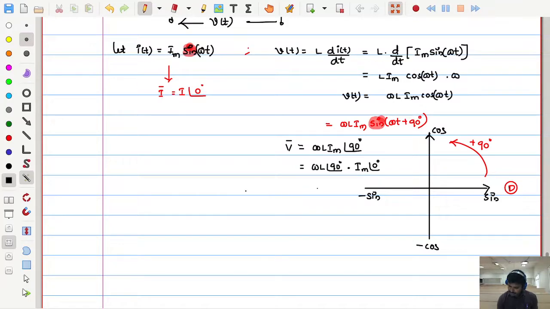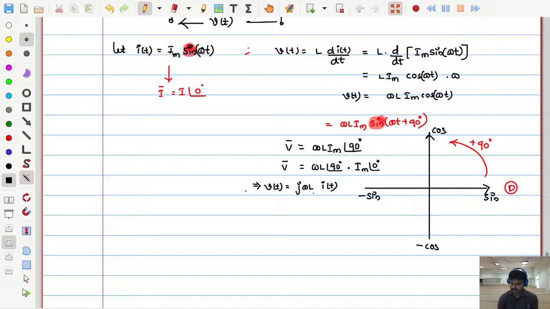In the next step I can directly make this as two things. V bar goes to the time function V of t. How can I write it? 1 at an angle 90 is equal to j, so I will write j omega L. This Im at an angle 0 is equivalent to I of t in the time domain, so I will write I of t.